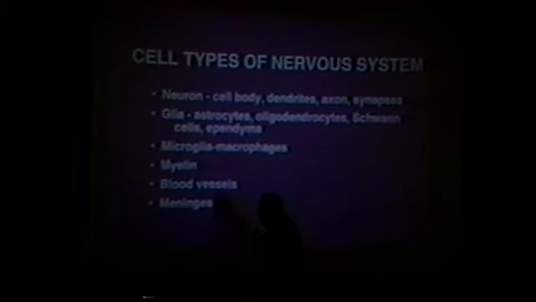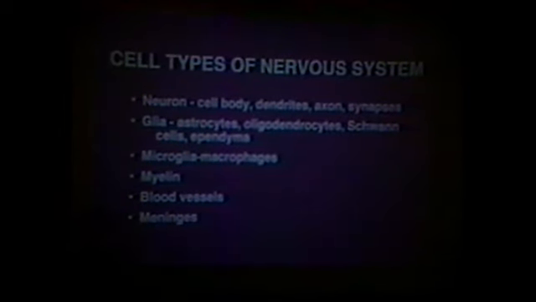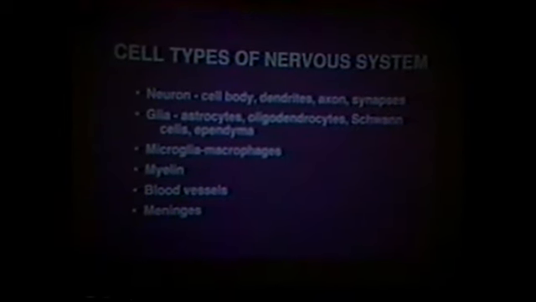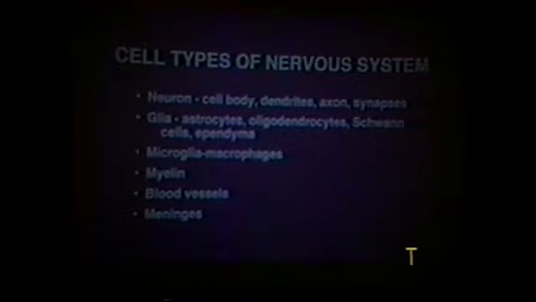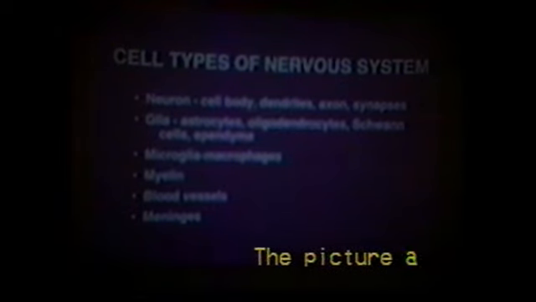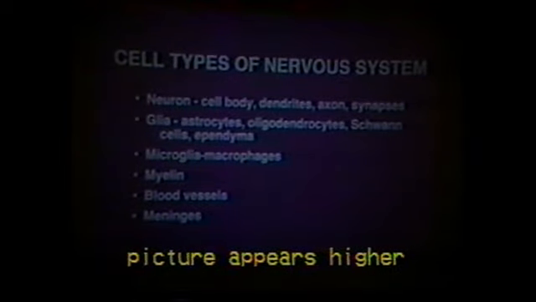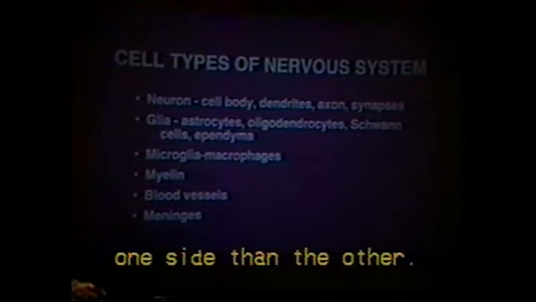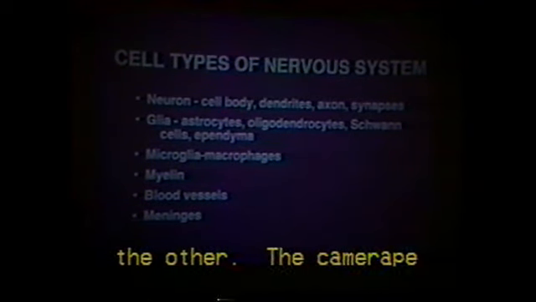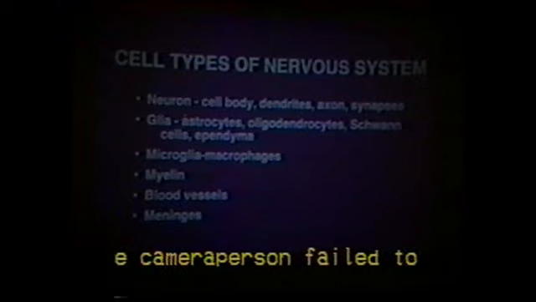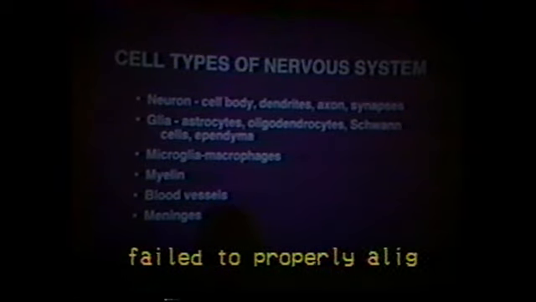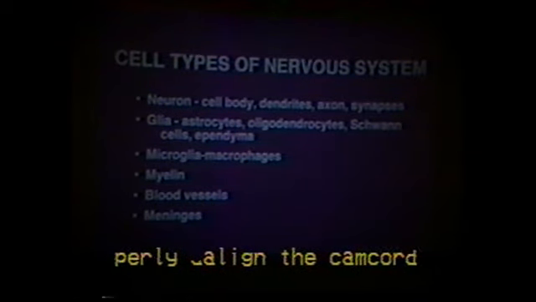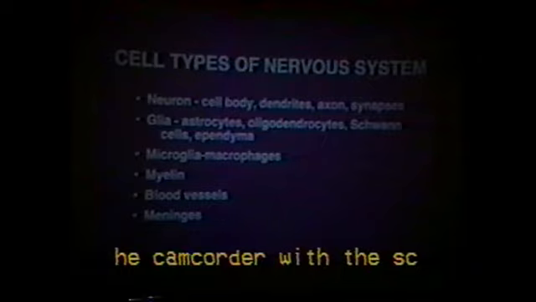The nervous tissue is, of course, divided into the brain and spinal cord as the central nervous system and the peripheral nervous system. The cells making up these areas of the nervous system are, of course, the neuron, the major functional cell, which has a cell body, the site of most macromolecular synthesis.